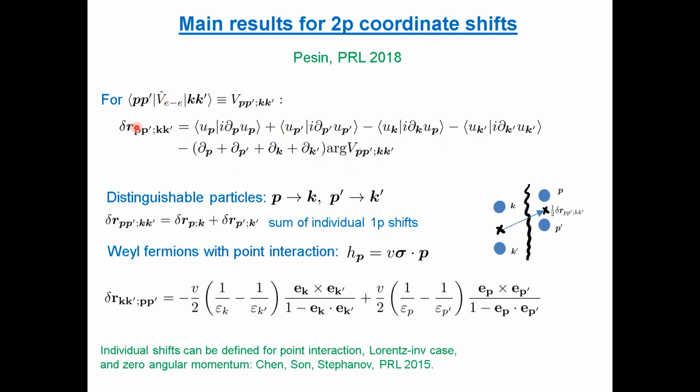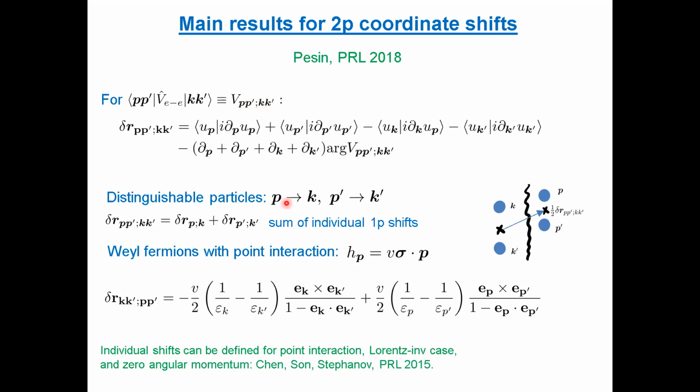Okay, so this expression basically generalizes the single particle shift. It's sort of smart enough to distinguish between the cases of indistinguishable and distinguishable particles. These two cases are encoded in this matrix element, essentially, whether there is an exchange part or not.